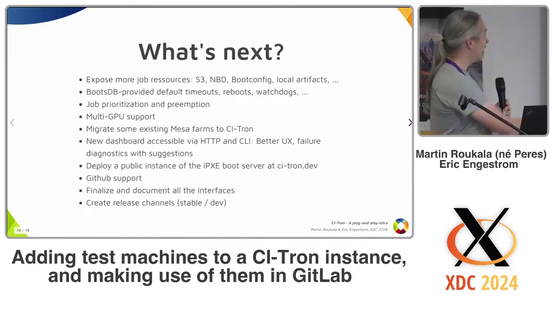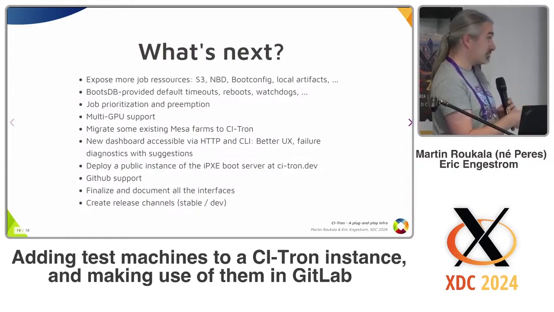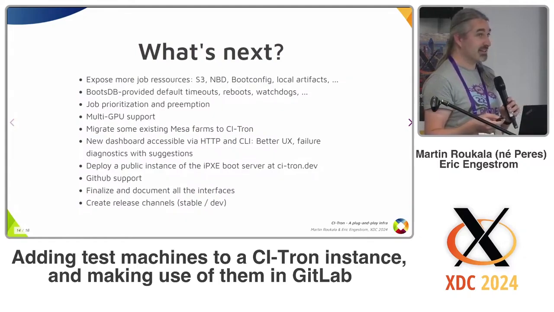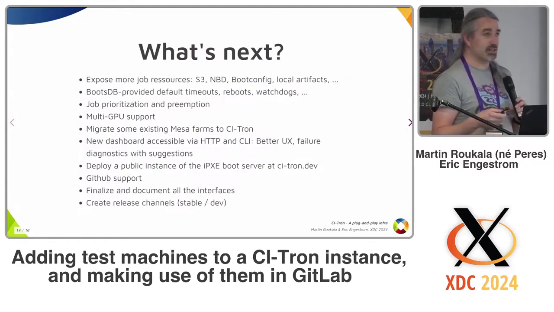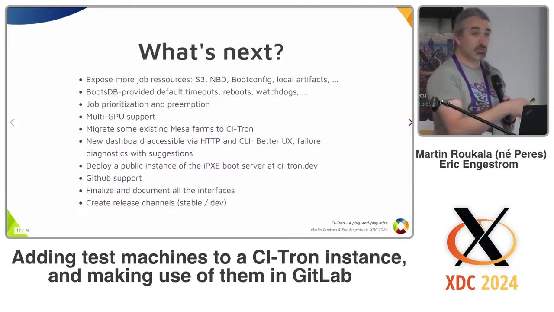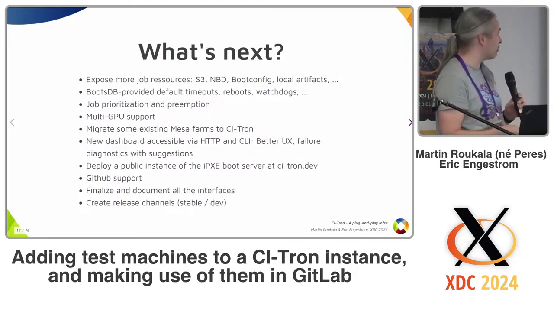So what's next? A ton of things. That's not even full; that's all we could think of. The gist of it is that we have a lot of features that we want to add that are going to be impacting the design, especially job prioritization and preemption. If you have a long-running job running traces, then you want to be able to run jobs from Mesa instantly and then continue the low-priority tasks.